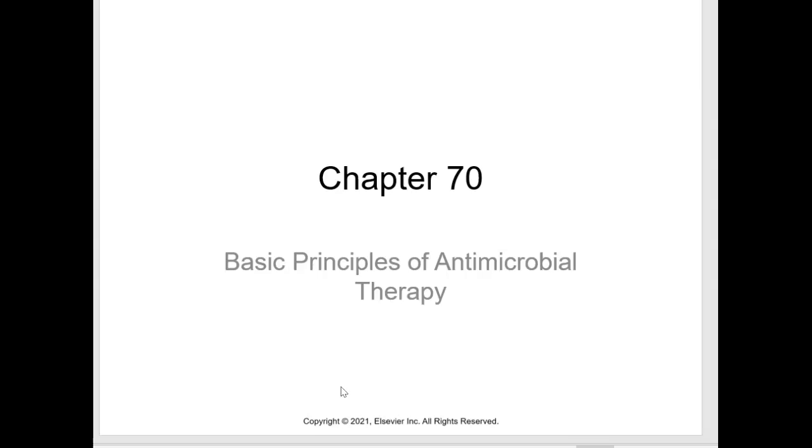The first thing that your book, Lehne's, really wants to make sure we understand is that there's a difference between an antibiotic and an antimicrobial drug. The terms are often used interchangeably, but strictly speaking, if you were ever around an infectious disease doctor, for example, there is a difference. An antibiotic is a chemical that's produced by one microbe and has the ability to harm another microbe.